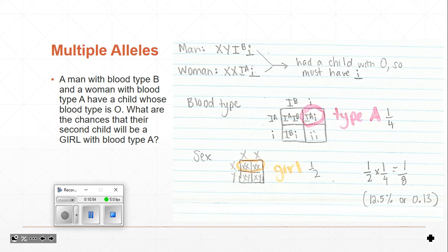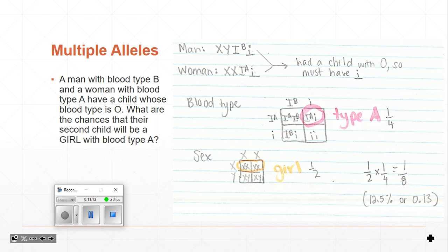So I'm going to start at the beginning with mom and dad's genotypes. It said there was a man with blood type B. So here's my man. I added the X and Y chromosome, not because of blood type, but because the question is asking me to predict the chances of having a girl.